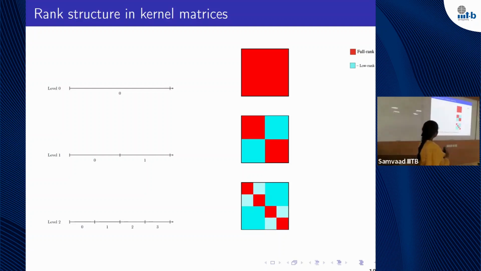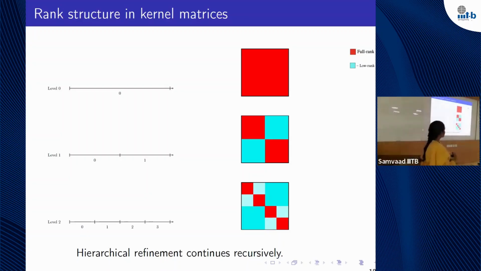So this way of refinement can be made in a scalable manner. That is, you can go even further, extend the levels, and you see this kind of a low rank structure appearing. So matrices which have this kind of a hierarchical low rank structure, that is, you're dividing your domain hierarchically and you're seeing a hierarchical low rank structure appearing in the matrix, are therefore called hierarchical matrices.